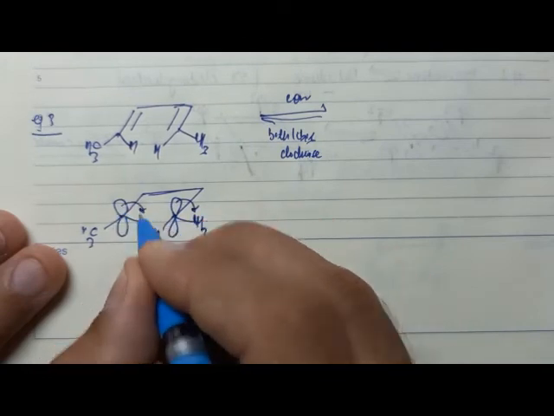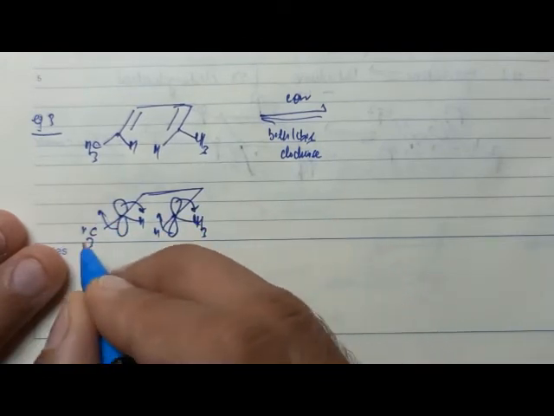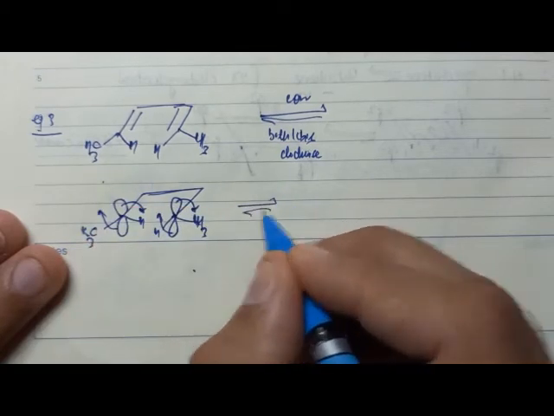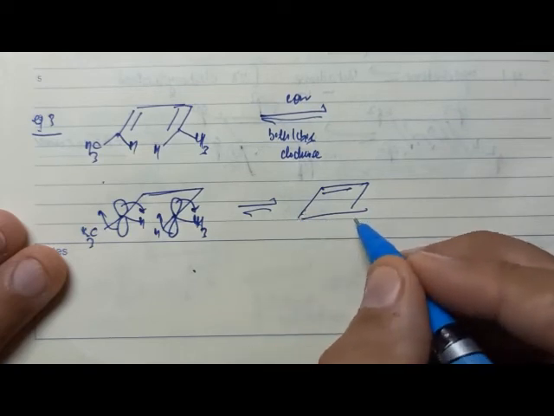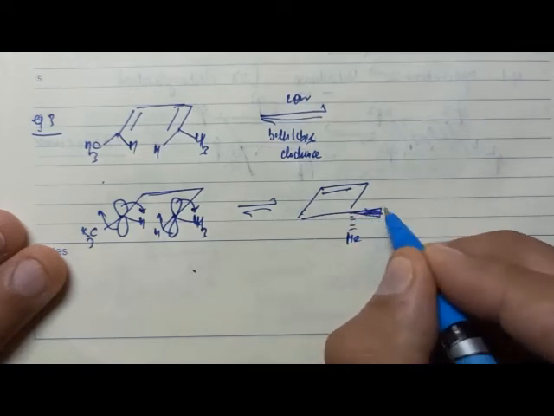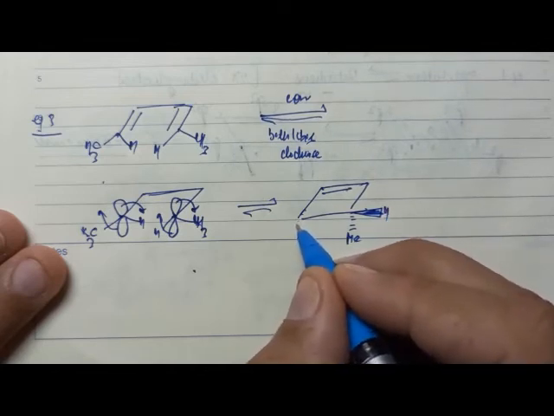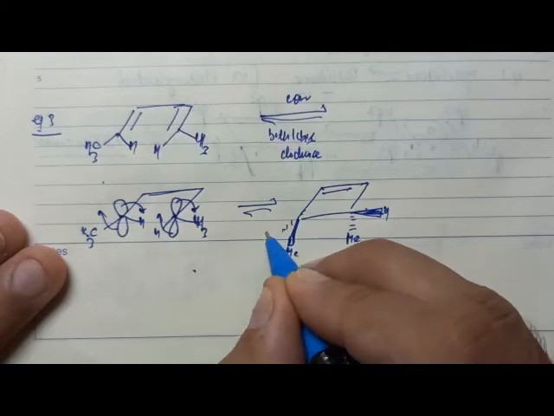This moves here, this will move here. With this, this methyl will go down, this methyl will go up. So my product of this conrotatory ring closure will be that this methyl would go down and hydrogen will go up. Here the methyl will go up and hydrogen will go down.